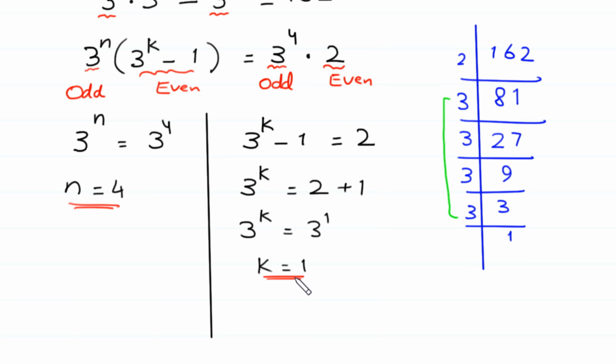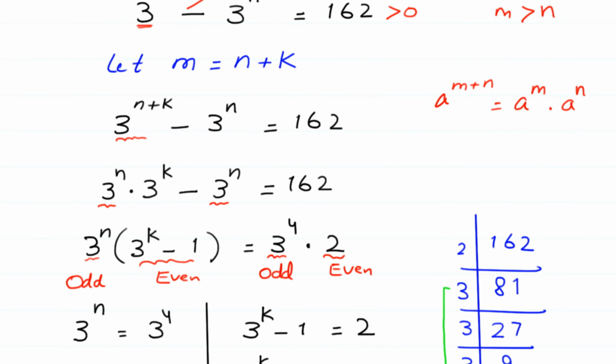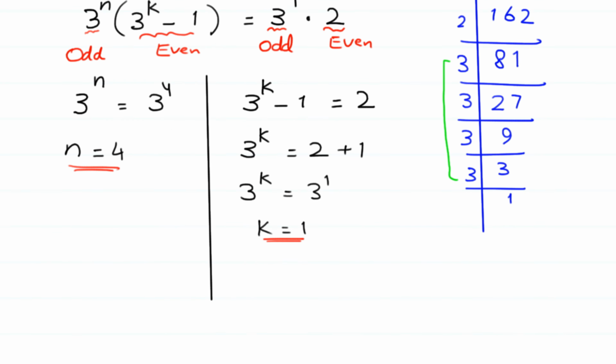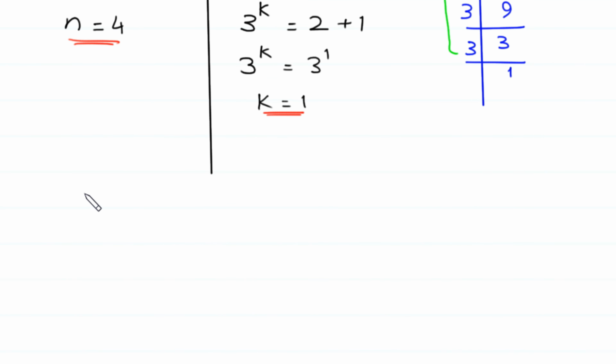Now recall that we have supposed that m is equal to n plus k. We can find the value of m by putting the value of n 4 and value of k 1 in this equation.